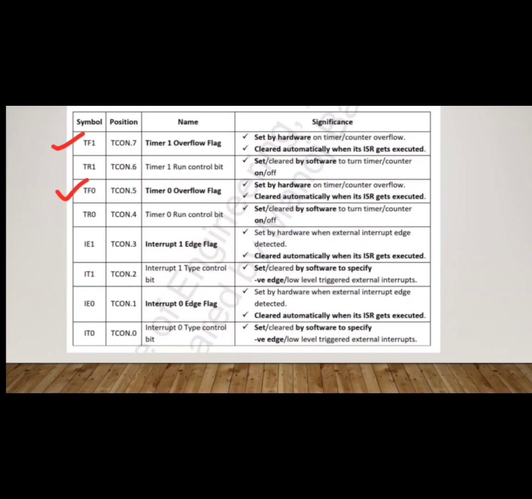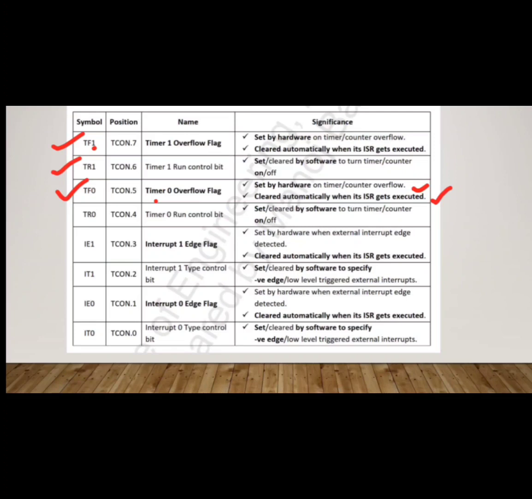These are set by hardware on timer or counter overflow, and cleared when the ISR gets executed. After the interrupt's ISR is executed, this bit will be cleared. When the timer or counter overflows, these 2 bits are set. If timer 1 overflows, this bit is set. If timer 0 overflows, this bit is set.